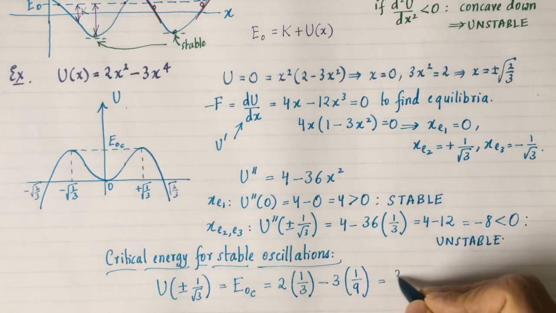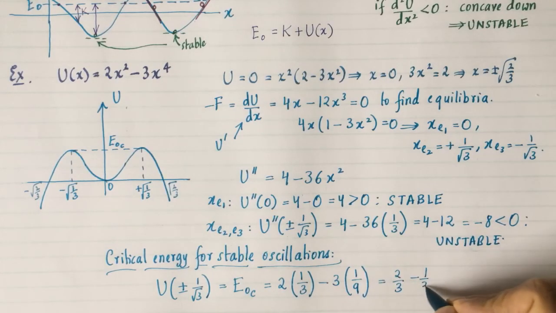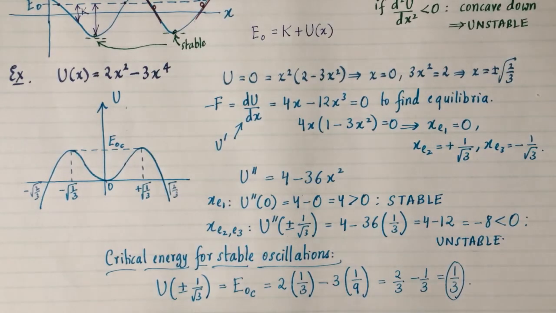So I'm going to get 2/3 minus 1/3, which is 1/3. So that's the critical energy, whatever unit system we are in. It should not exceed 1/3. The total energy of the particle should not exceed 1/3 for it to be stable.